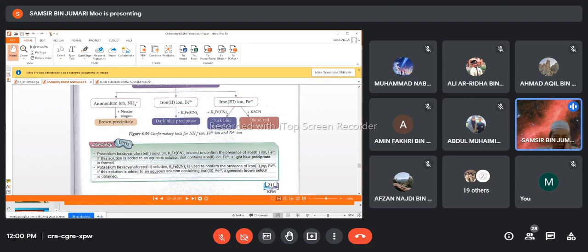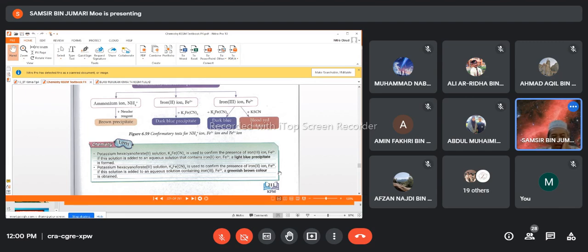Jadi hexacyanoferrate 3 and hexacyanoferrate 2 can be used as a confirmatory test for the presence of the iron 2 ion and iron 3 ion.